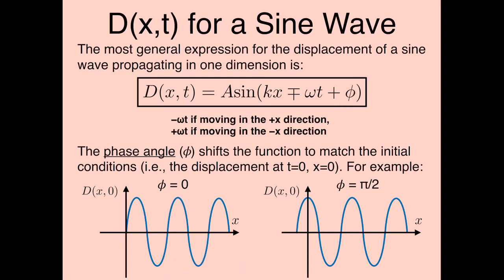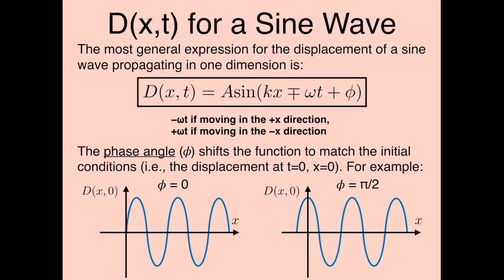So let me give you a couple examples here. On the first graph, what you're looking at is displacement as a function of x, but we fix the time to be t equals 0. And so it looks like this. In the second example, we have displacement as a function of x, just like before, at a time fixed at 0, but now this is what our sine wave looks like.